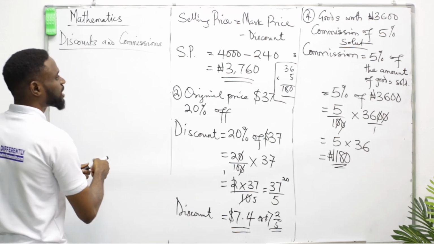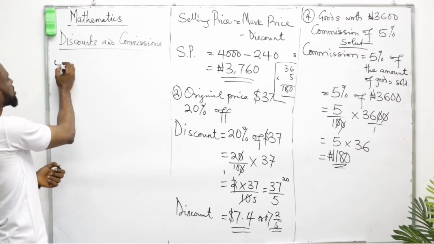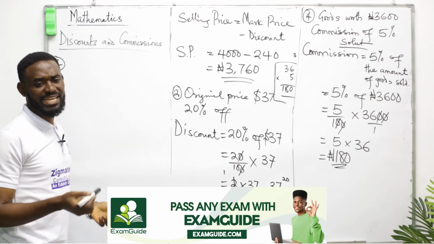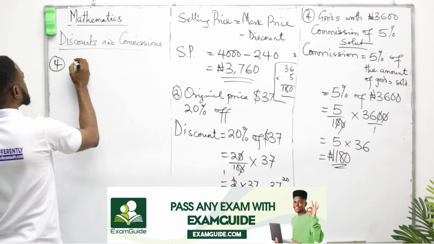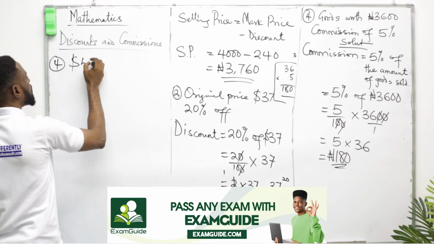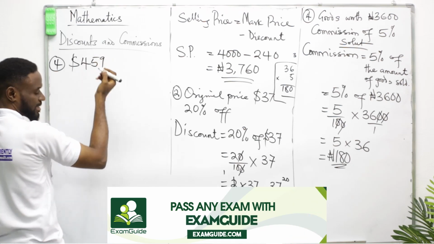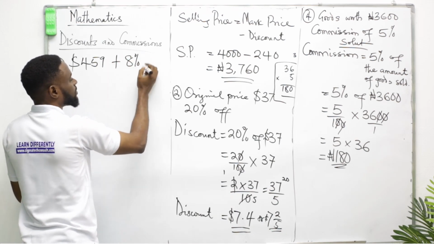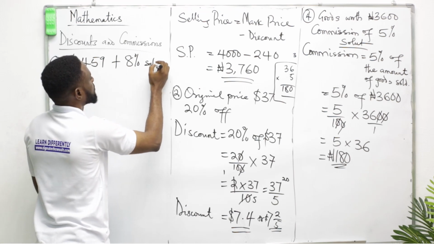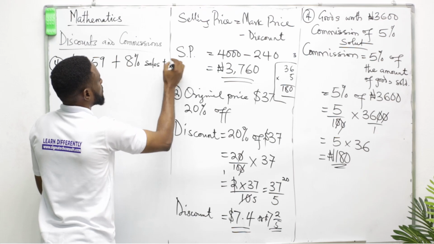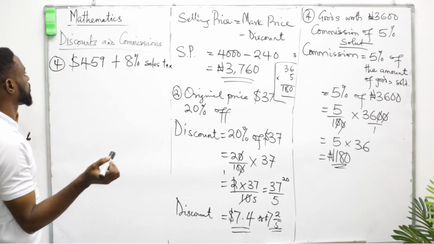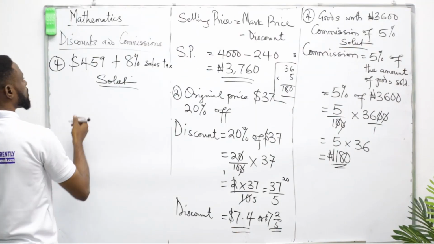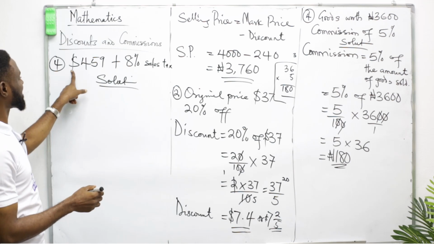So now let's look at it. Susie, I think this is the fourth question. Susie, the laptop price was $459. They say plus 8% sales VAT, sales tax. So it's simple. The solution is this. 8% of this, what is the tax?